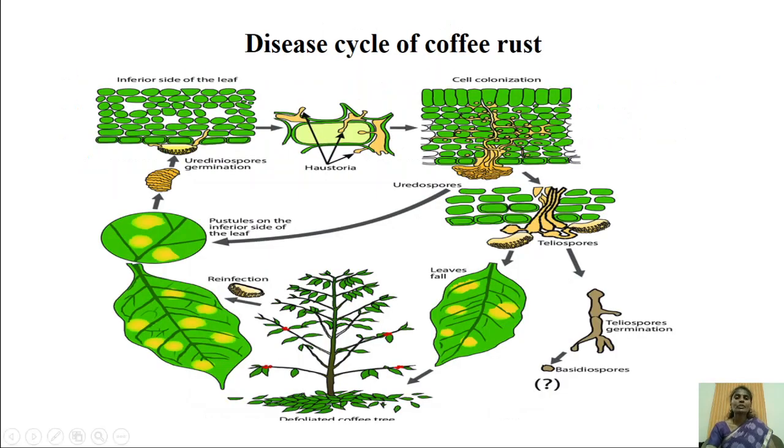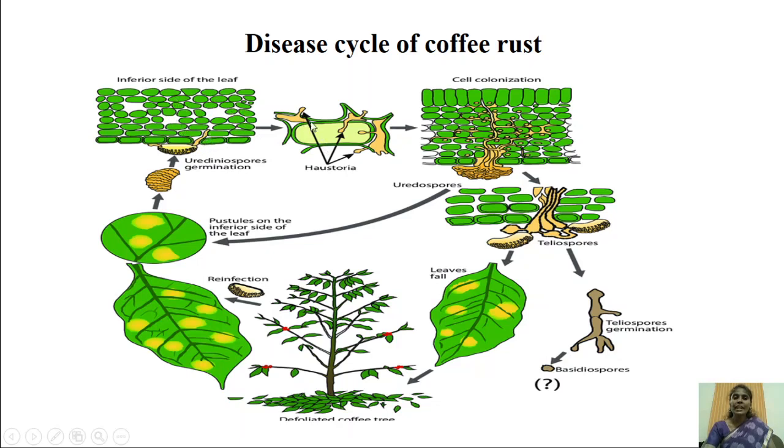Then coming to the disease cycle of the coffee plant, in this picture we can observe the disease cycle and the production of spores, where the uredospore is a half-moon shaped, smooth-walled spore. When it comes in contact with the coffee plant through the openings called stomata, it enters by producing a germ tube and starts establishing inside the host cell.